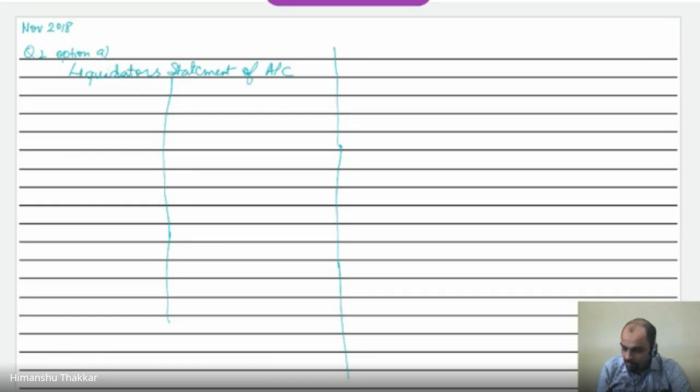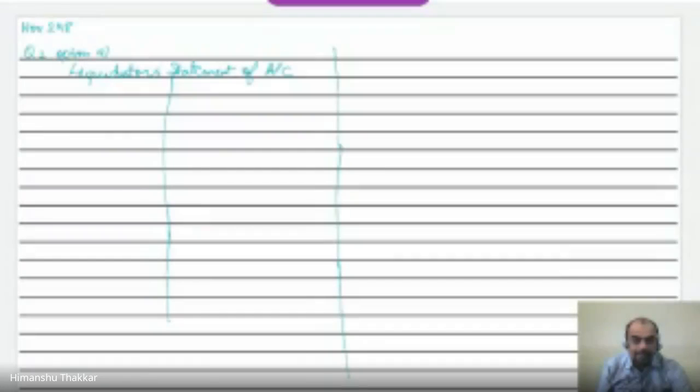Sorry, it is a stock. Stock is 39,000. Plant and machinery 45,000. Then we have furniture, furniture 6,000. Right. So these are the assets realized.